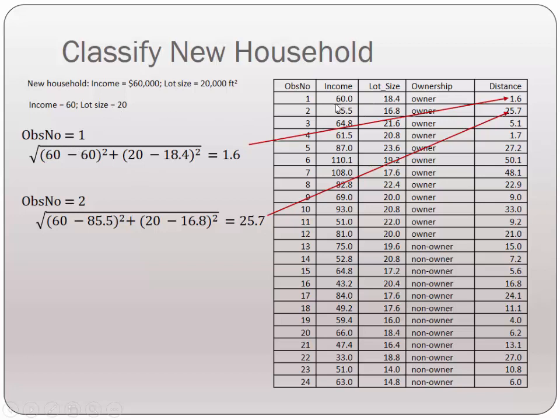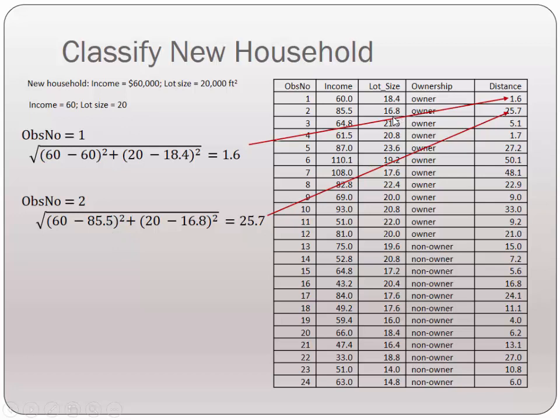So the distance for the first observation will be 60 minus 60 squared plus 20 minus 18.4 squared, so that gives you the distance. The distance between the new observation and the second training set observation, so 60 minus 85.5 squared plus 20 minus 16.8 squared.